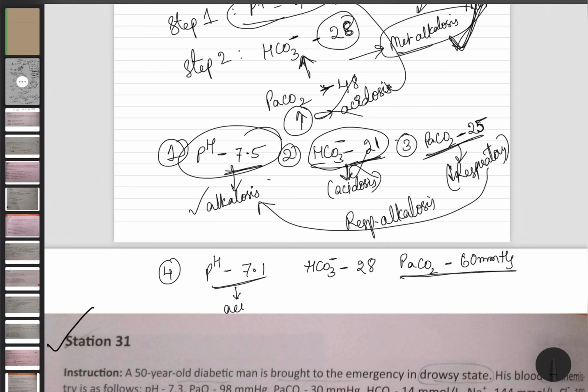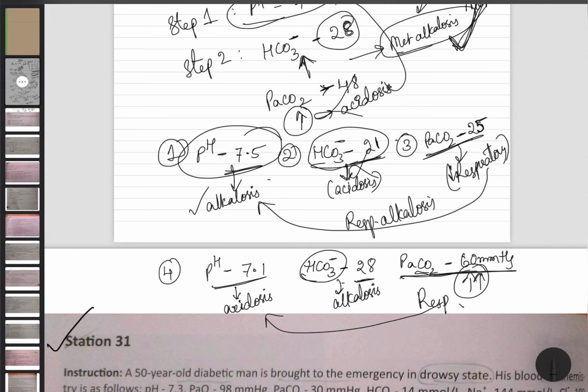Here, by looking at the pH, we have decided that it is acidosis. Check if metabolic component is contributing to it. Bicarb though is high, so this is contributing to alkalosis. PaCO2 is very high, that means this acidosis is contributed by respiratory component. So the answer is respiratory acidosis.